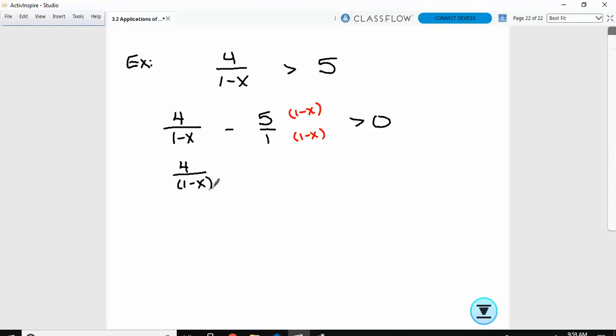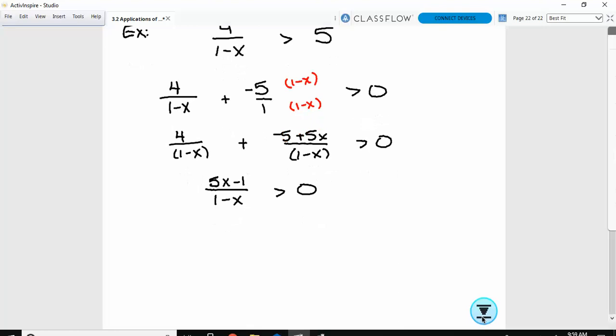So I have 4 over 1 minus x, minus, I'm going to go ahead and make this a negative 5, so plus negative 5 plus 5x over my 1 minus x. Denominators match, so we can put them together.